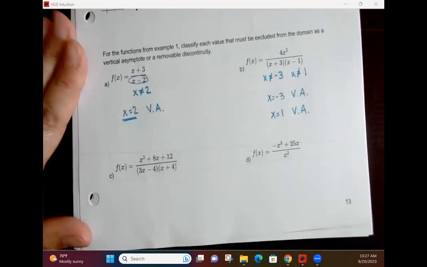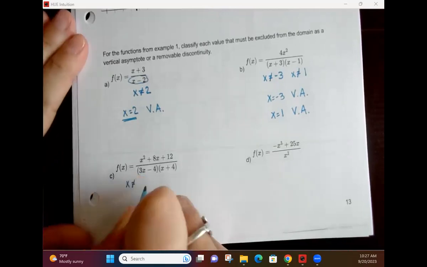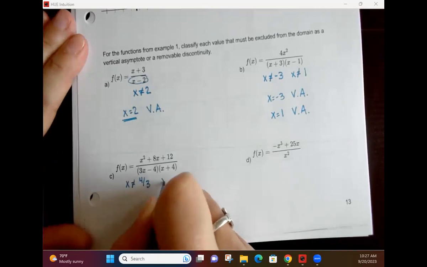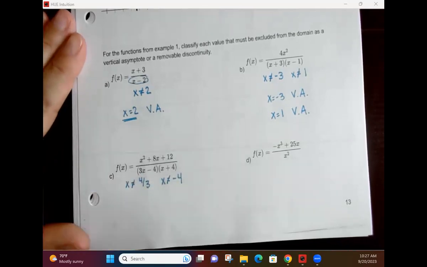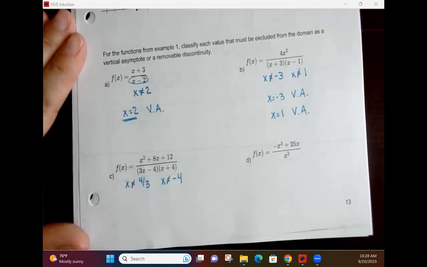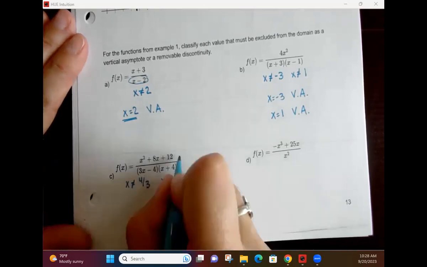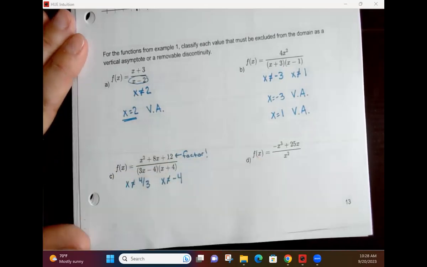For C, we said we need to exclude 4/3, and we need to exclude -4. I can't see if either of these factors reduce because the top of our function is not in factored form. So I've got to factor the top. My lead coefficient is 1 on my trinomial again.